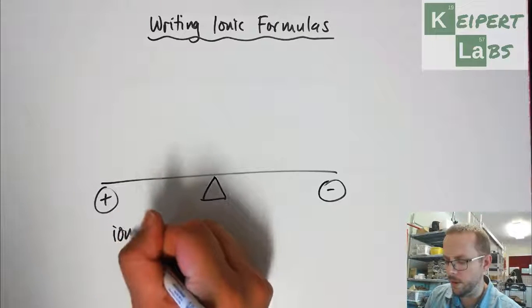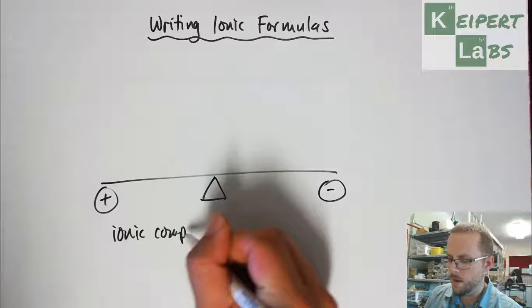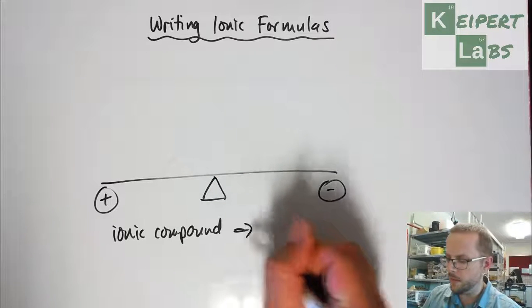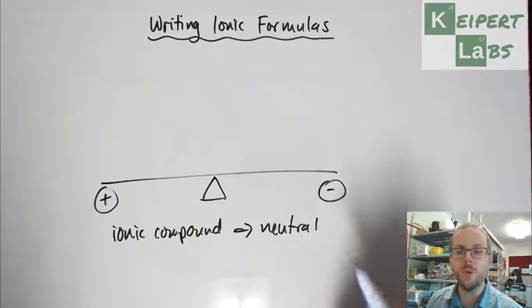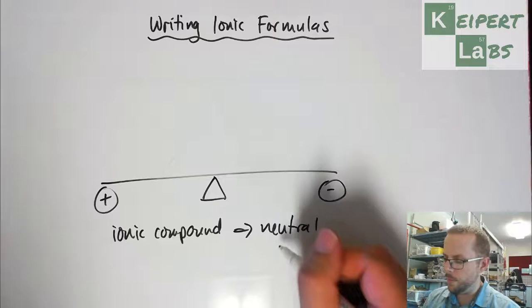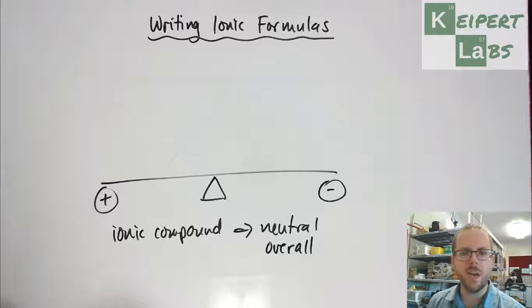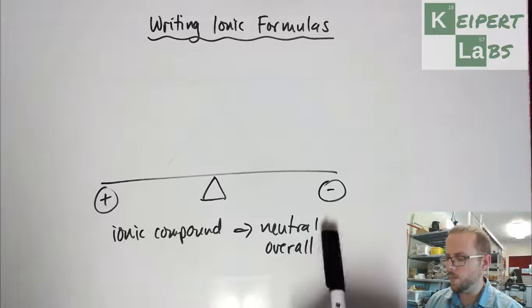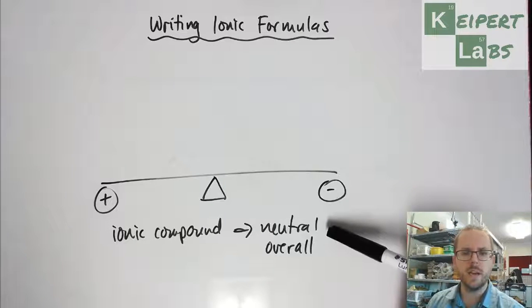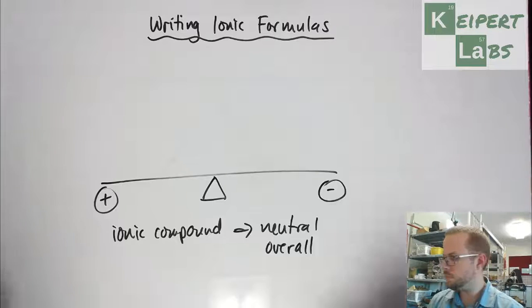Because when we think about an ionic compound, just like with an atom in and of itself, we say that an ionic compound is neutral overall. An atom contains charged particles, but we have a balance of positives and negatives. 4 protons requires 4 electrons, and when we change that, we turn it into an ion. But when we form a compound from ions, all our positive and negative charges balance out.